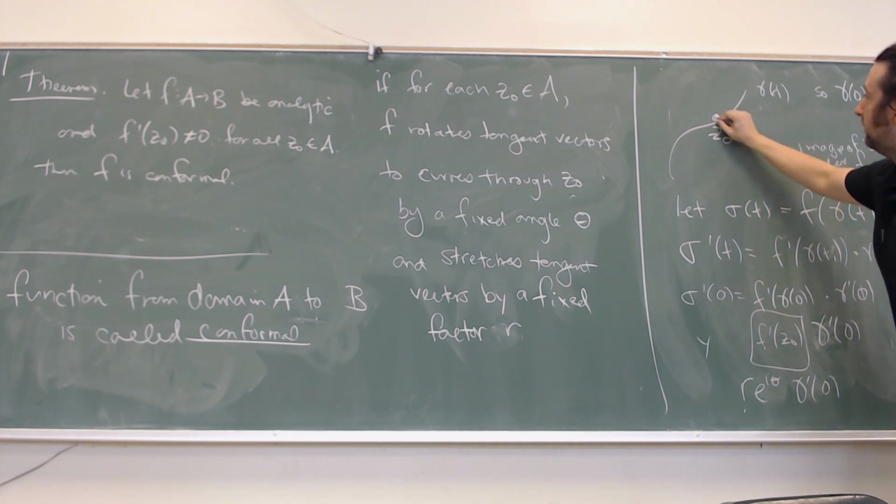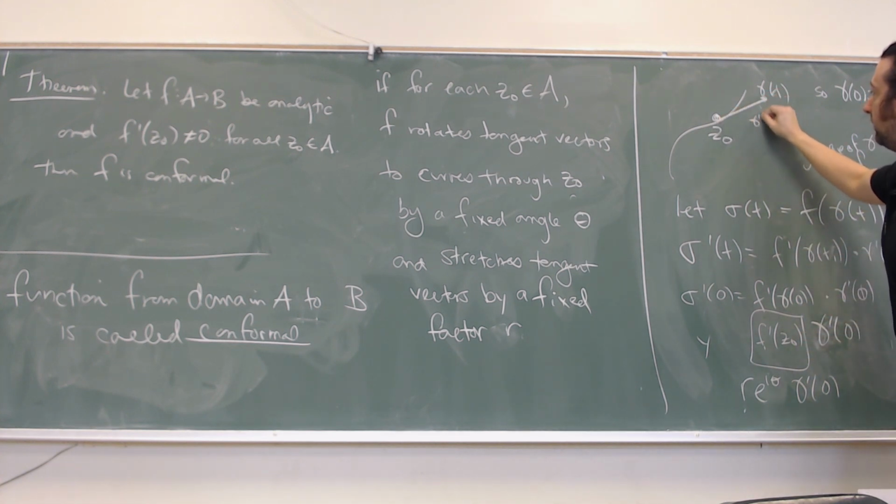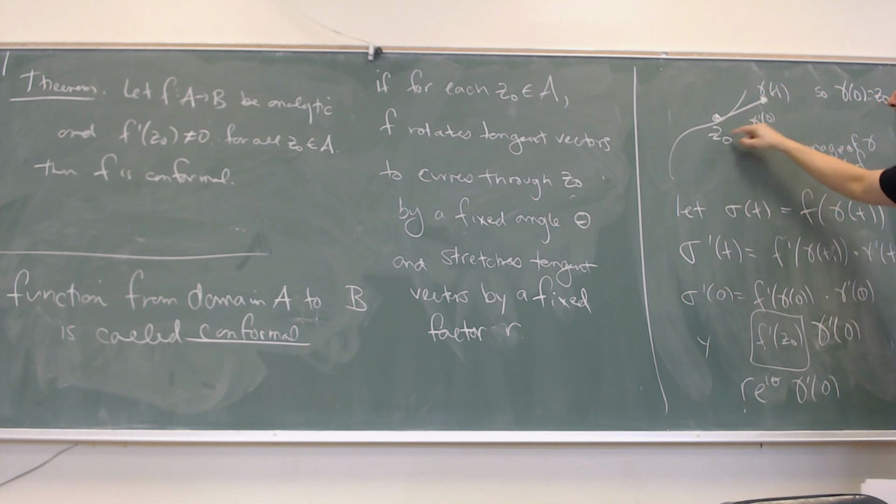Yeah, so you could think of this as gamma prime of 0. It's the tangent vector of this curve as it passes through the point. And so what's happened is the gamma prime of 0 from the domain picture, all that f does is it looks at its derivative and then rotates that vector and stretches it by whatever the size of the derivative was. Okay? Yep.